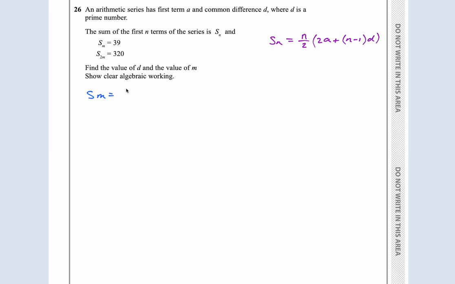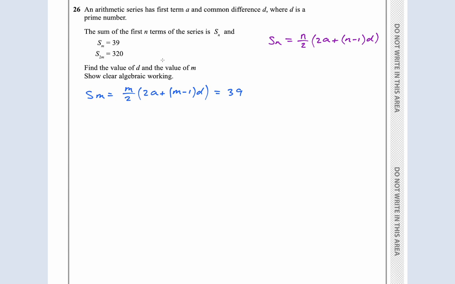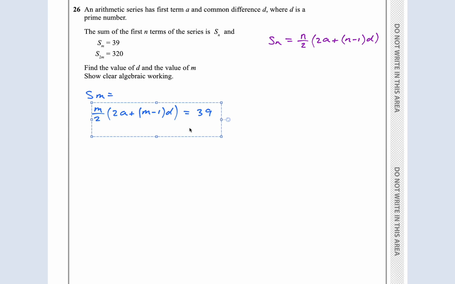So it's m over 2, 2a plus m minus 1 d, and this is equal to 39.